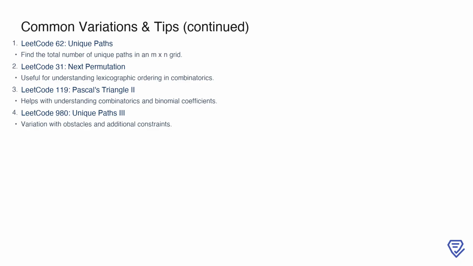LeetCode 119, Pascal's Triangle 2, helps solidify your understanding of combinatorics and binomial coefficients, both of which are central to calculating paths efficiently. Finally, LeetCode 980, Unique Paths 3, introduces variations with obstacles and additional constraints, pushing you to adapt your approach to more complex scenarios.